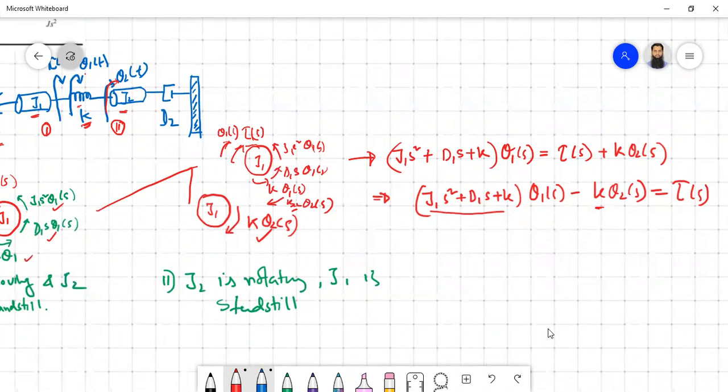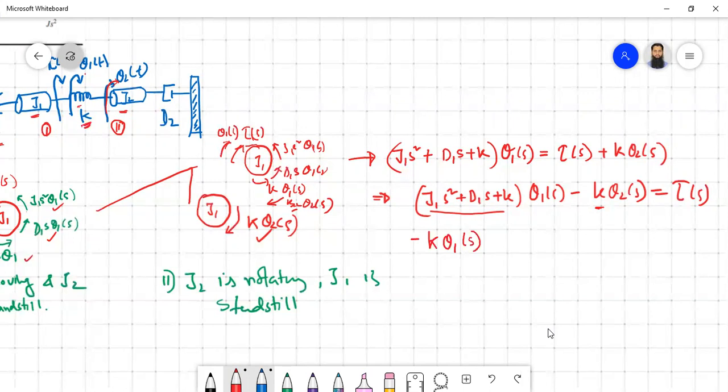So this is your equation 1. So how can we find out the equation 2? For the equation 2, what is the common? We are not going to the free body diagram again for the rotational mechanical system. Rather, we are directly writing the equations. So K theta 1(s), this is for the movement of theta 1. What is the torque experienced on your J2?